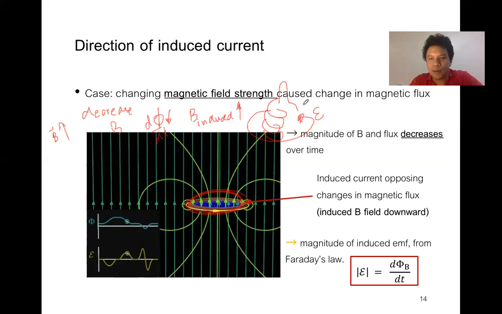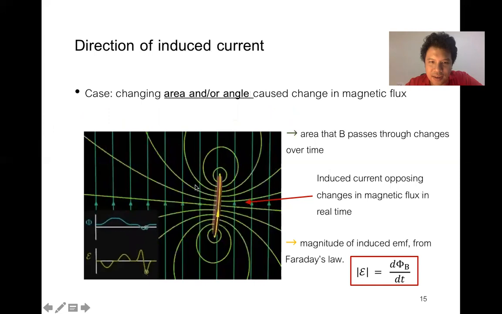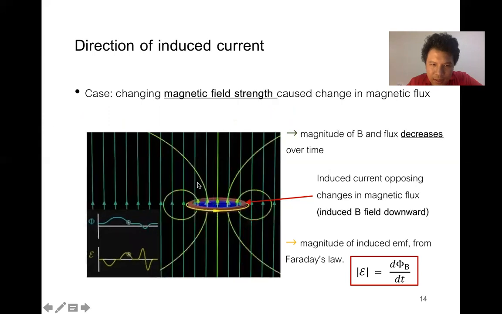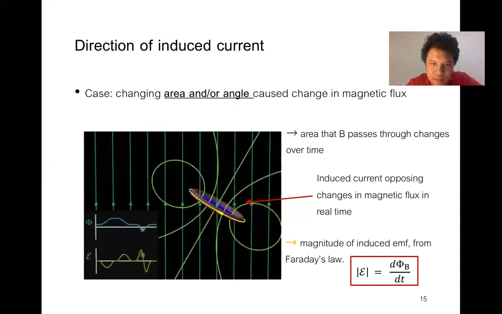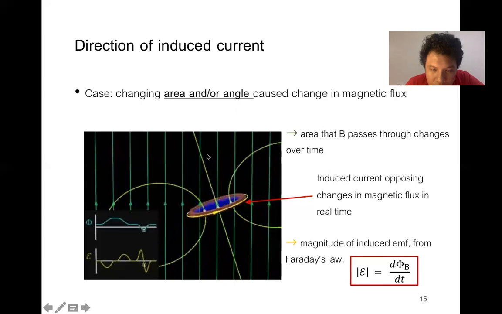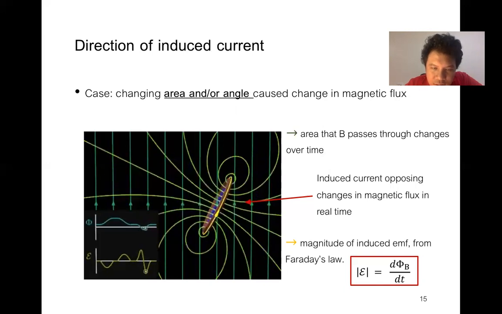Okay, so now the two cases are done. Then the third case. Here, if I change the area now, when changing the area, at the first place you can see the decrease followed by the increase of the magnetic flux.